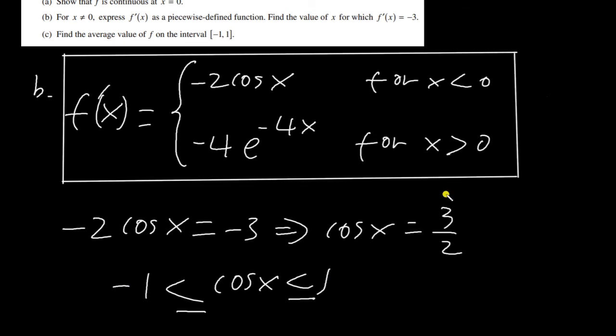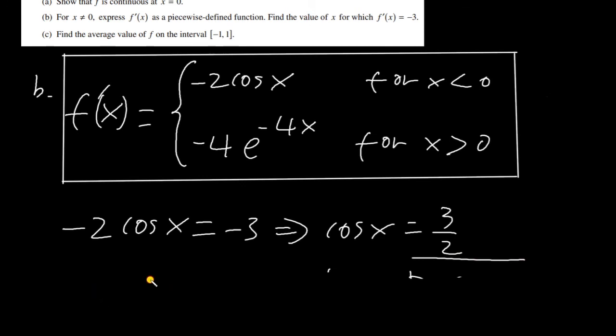So it's never equal to 3 over 2, because 3 over 2 is greater than 1. So this is greater than the maximum value that cosine can be, right? The graph of cosine is like this, and then 3 over 2 is like up here. Okay? So basically, cosine of x can never equal 3/2, long story short. So we'll just put an x through this part.